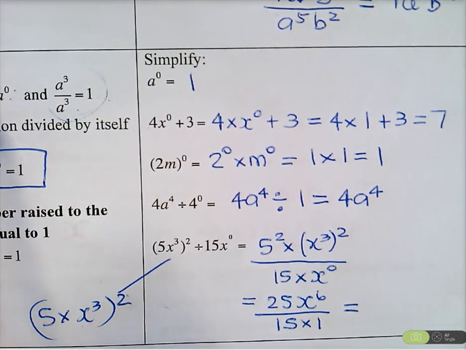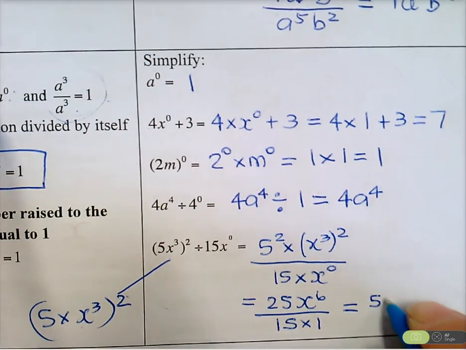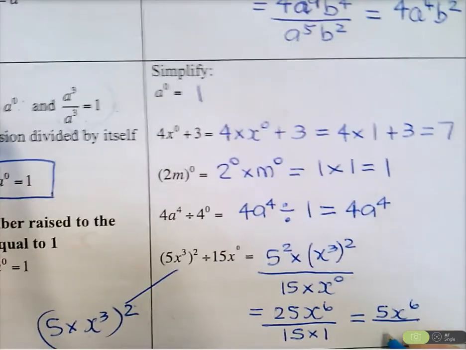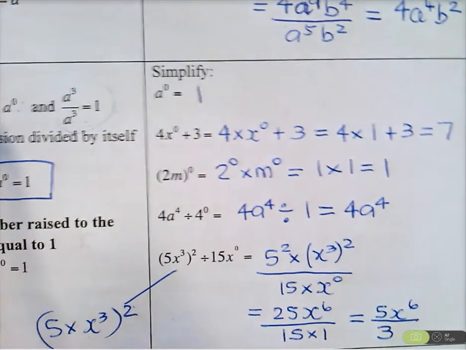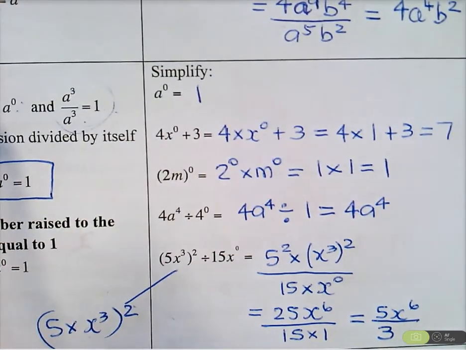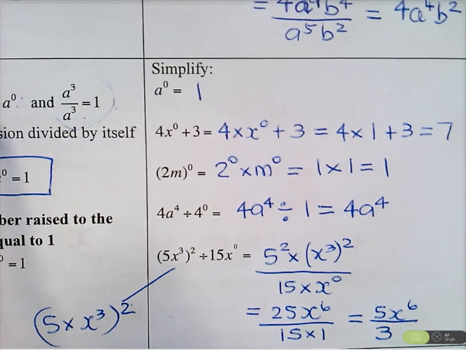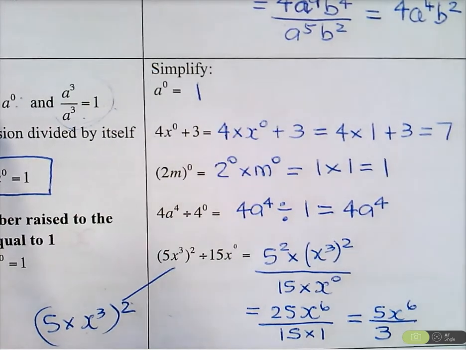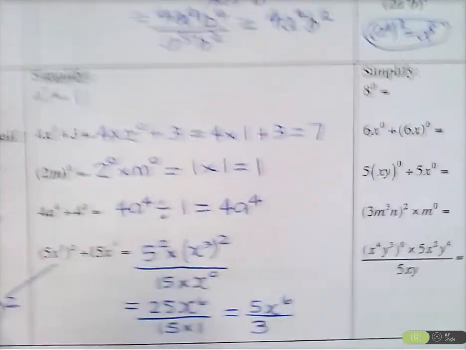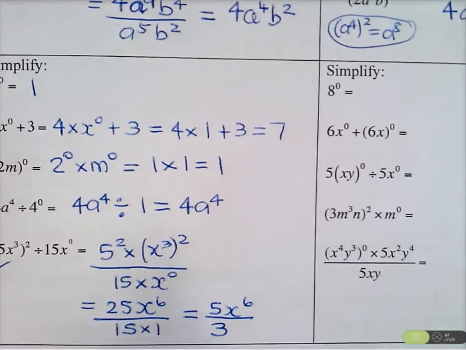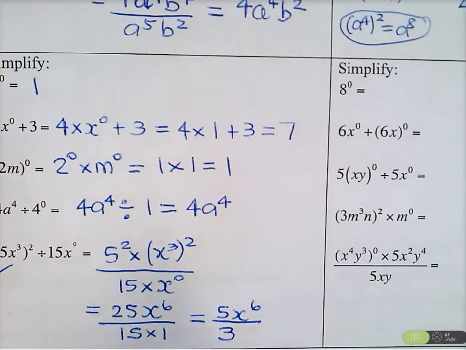What number goes into both 25 and 15? 5. 5 goes into 25 5 times. 5 goes into 15 3 times. You're simplifying the 25 over 15. All good? Okay, your turn. Do the other side. I want you now doing this side of the sheet, please. I'll give you a few minutes.